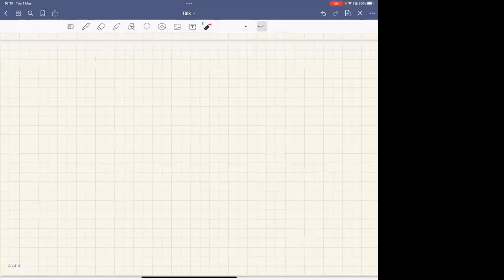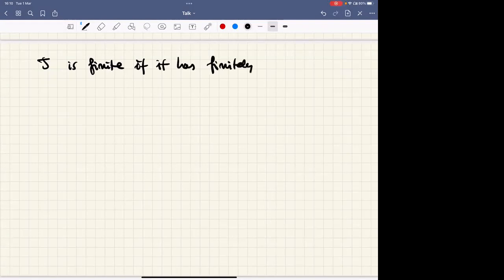Something else: we say that our category T is additively finite if it has finitely many isomorphism classes of indecomposable objects.